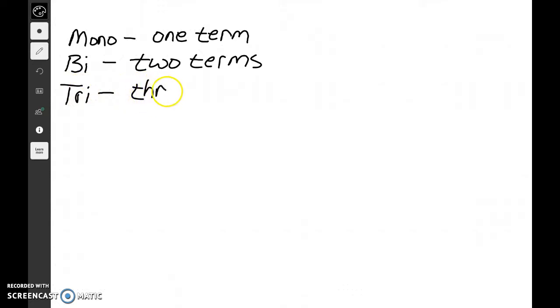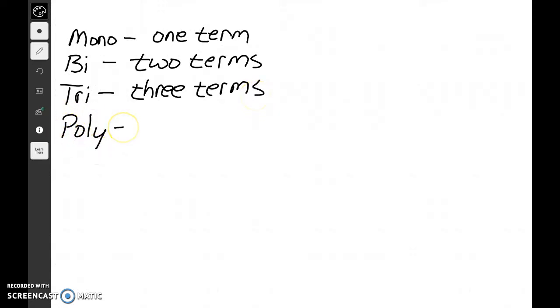A binomial, that's probably pretty easy as well. You probably can guess that one. A binomial is going to be two terms. A trinomial, once again, that one's pretty easy. A trinomial is going to be three terms. And then after a trinomial, we have what we call a polynomial.